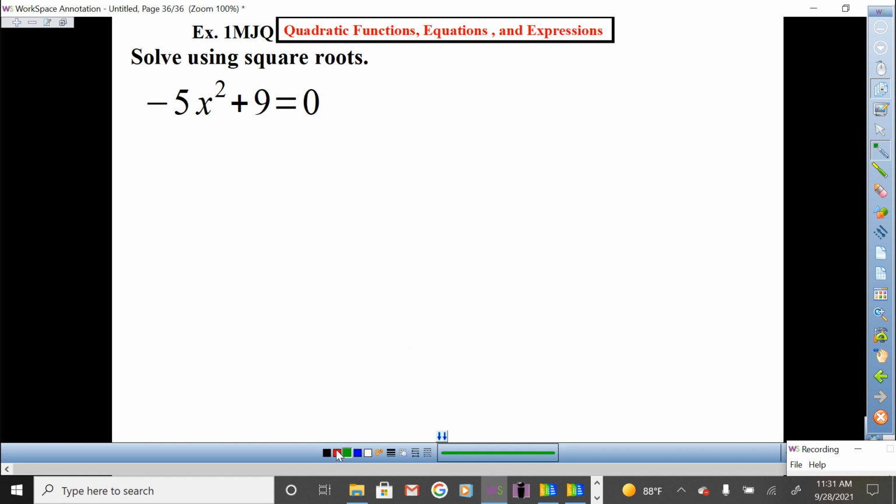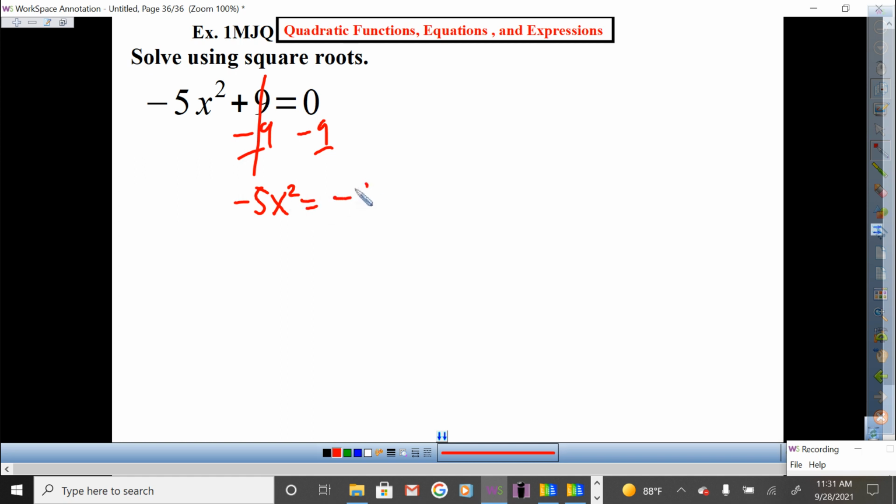Help me with this one, Juliana. Subtract 9 from both sides. Thank you. We end up with negative 5x squared equals negative 9. Pamela, what do I do next? Divide by negative 5. We end up with x squared equals negative divided by negative is a positive, and I leave it as a fraction.